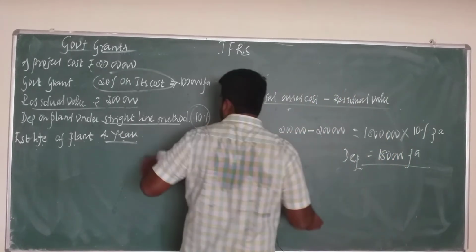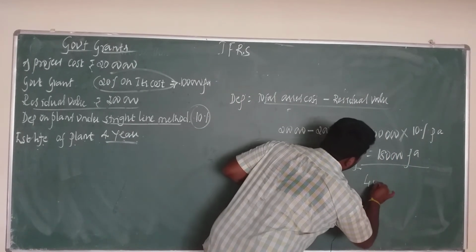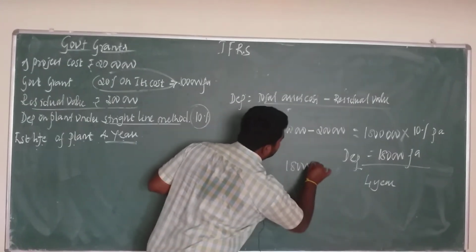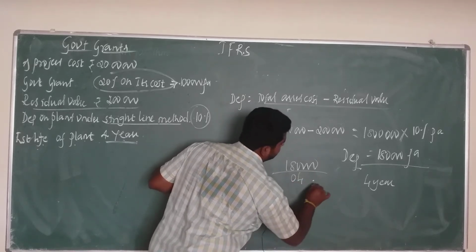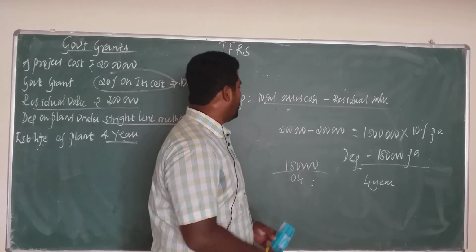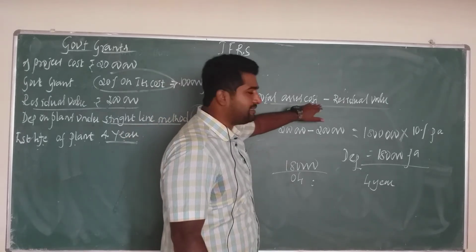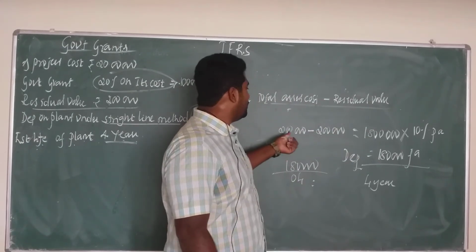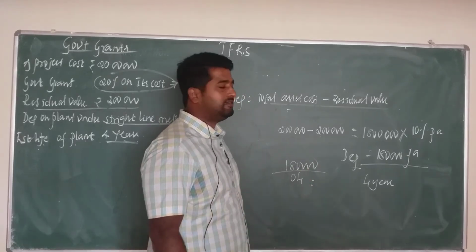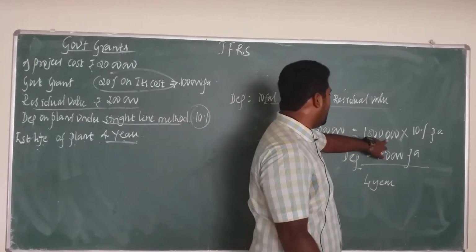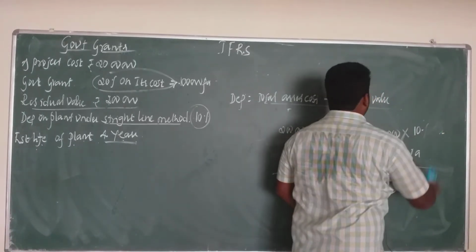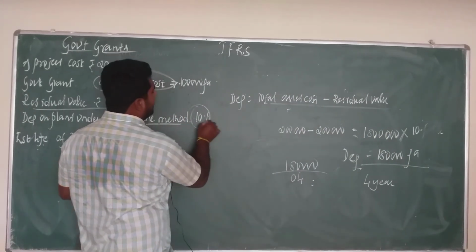How many years? The life of the asset here is 4 years. Now once again 1,80,000 divided by 4. So once again check it: DEP is total asset cost minus residual value. So 20 lakhs minus 2 lakhs, 18 lakhs is the asset value available, at 10%. The total DEP is 10%, not mentioned per annum here.